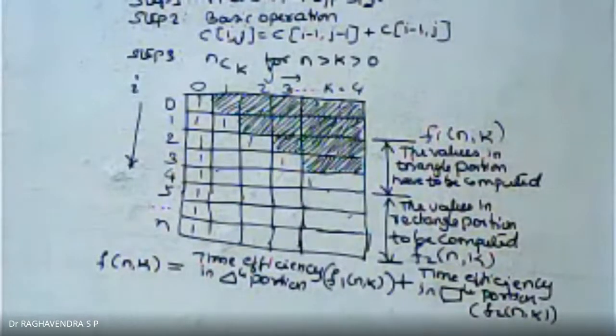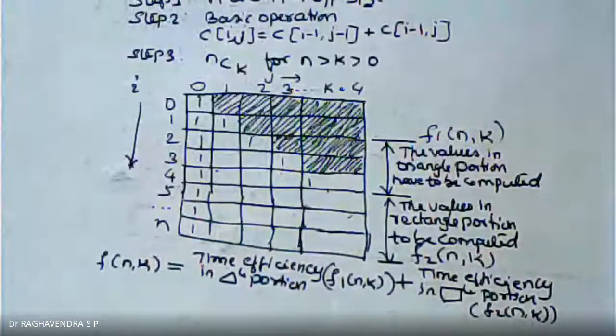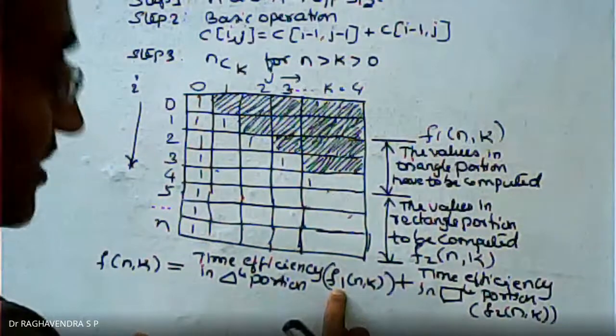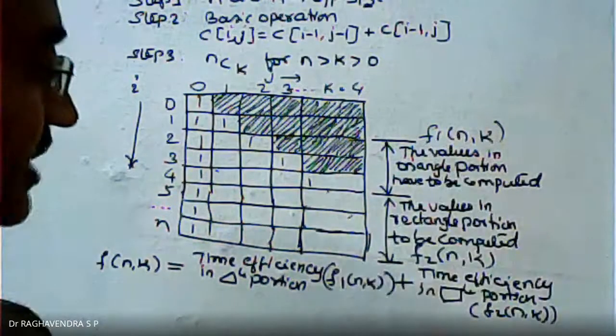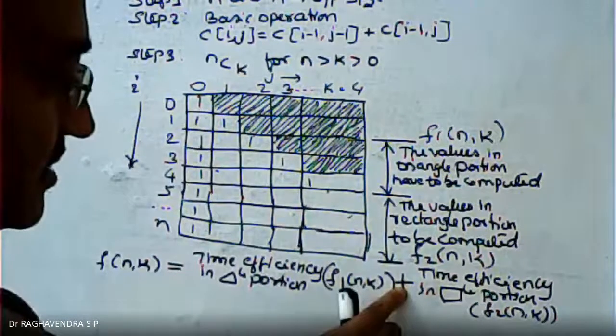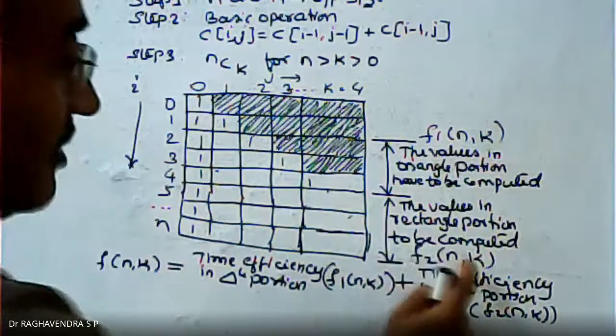So now we have to find f1 of n comma k and f2 of n comma k.